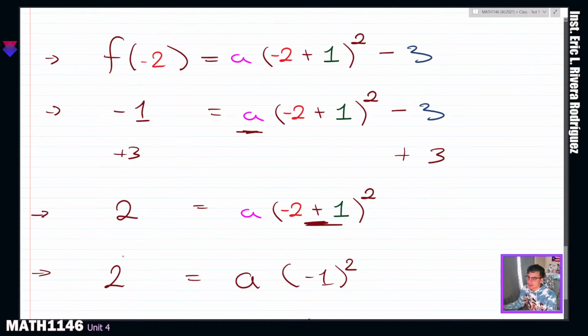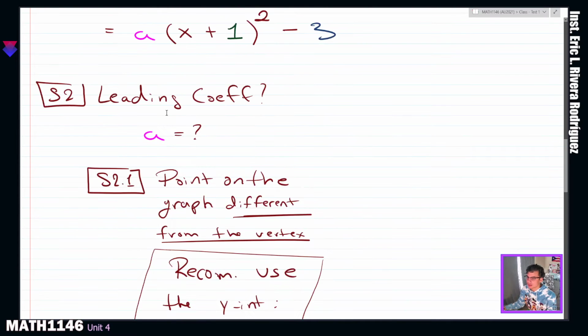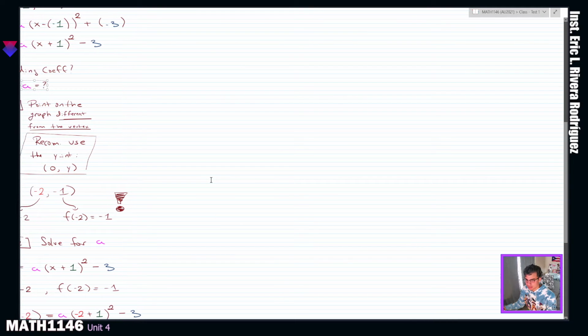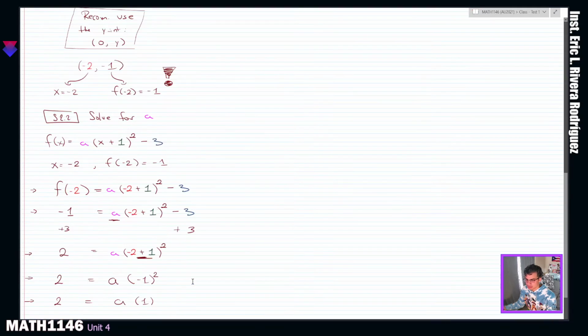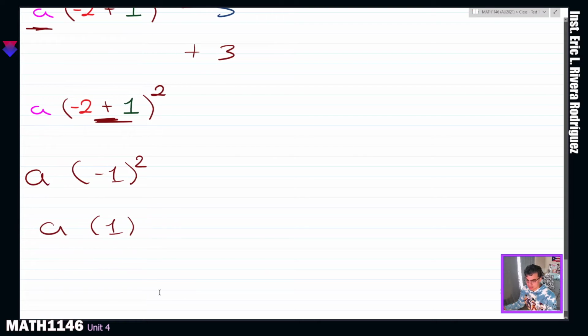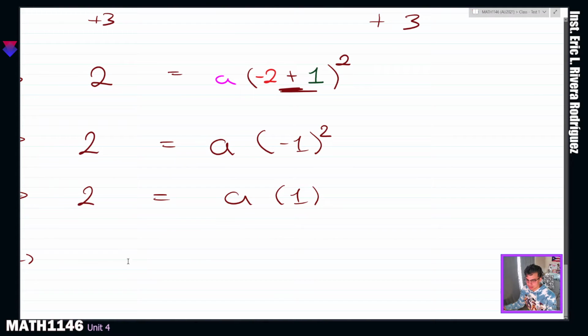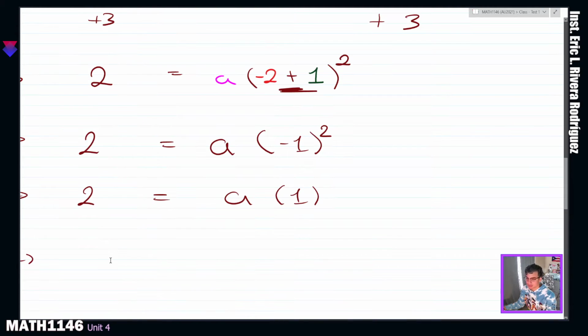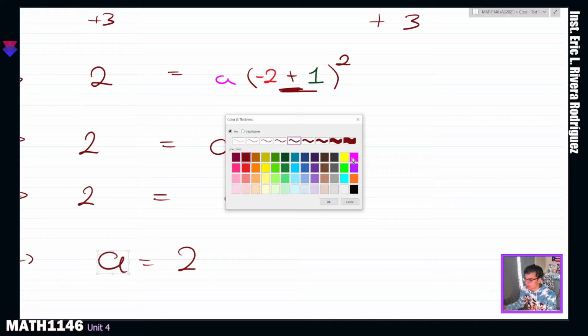So at the end we can get A. A becomes equal to 2, and this A is the one that we were looking for.